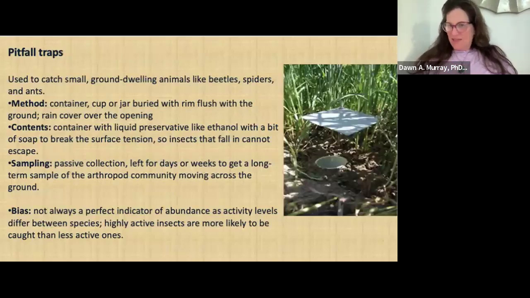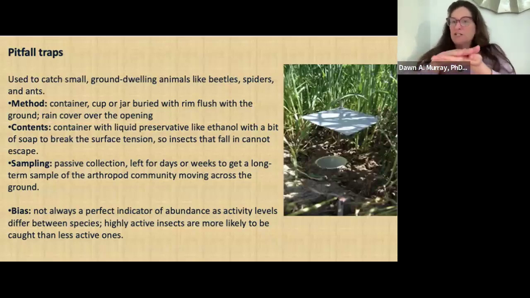Another fun method is pitfall traps. These are used to catch small ground-dwelling animals like beetles, spiders, and ants. You have a container or a cup that's buried in the dirt with its rim flush with the ground, and then you usually want to have some sort of cover on the top. That way, you're not getting things raining down on the top.